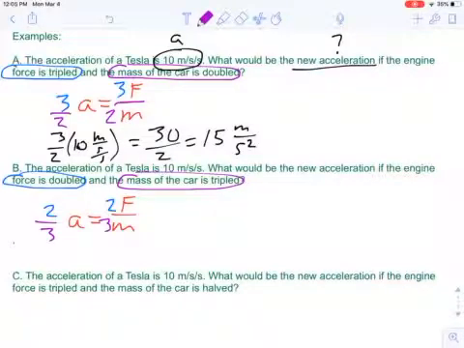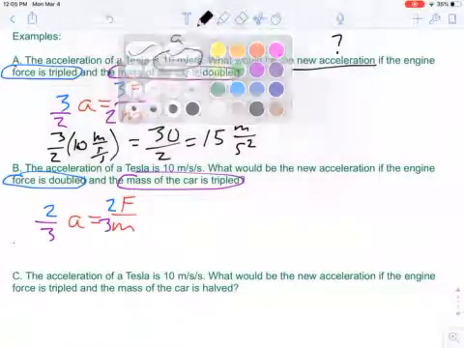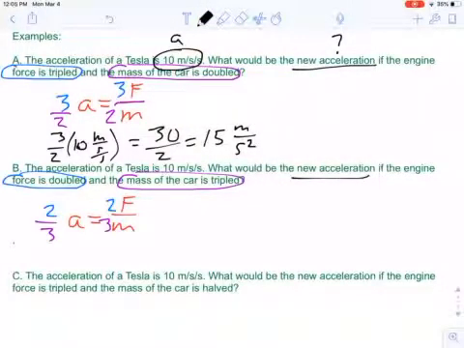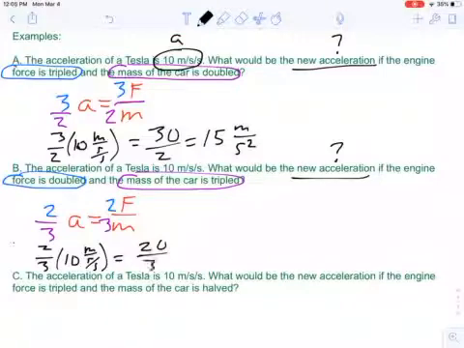And now we can say that the new acceleration will be 2/3 times the old acceleration of 10 meters per second squared. And now that's going to be 20 divided by 3.